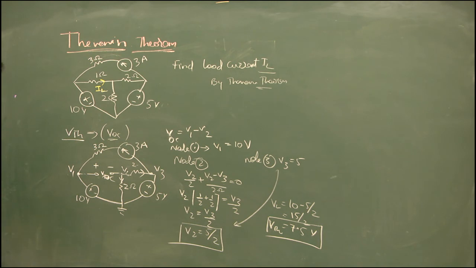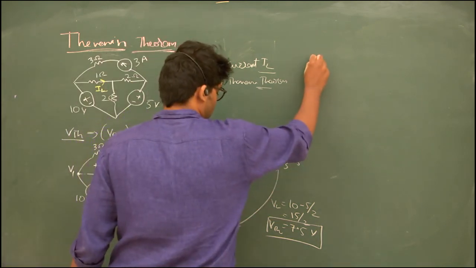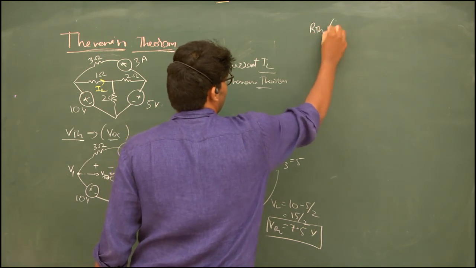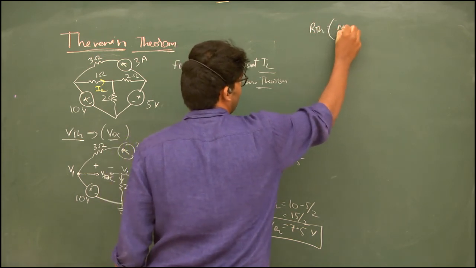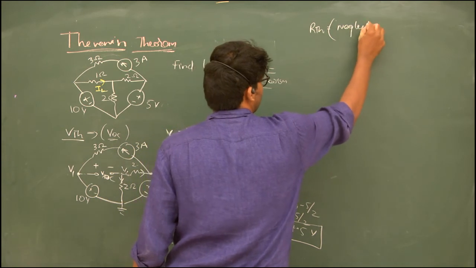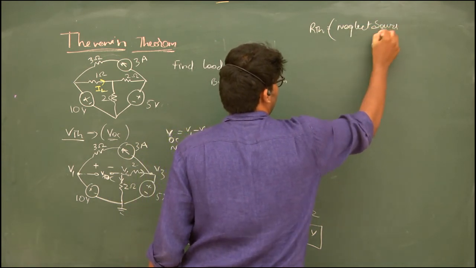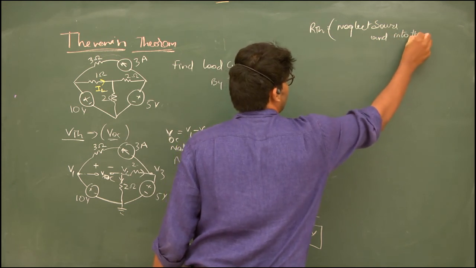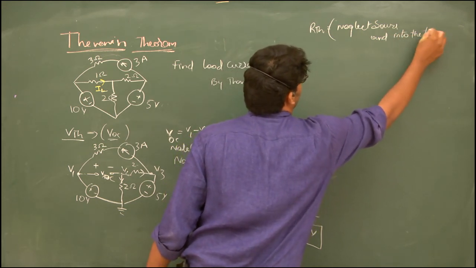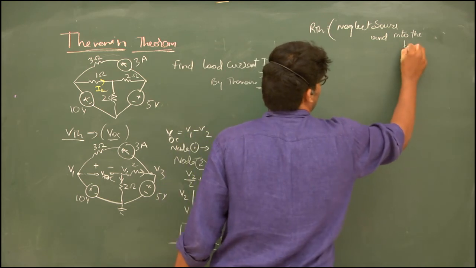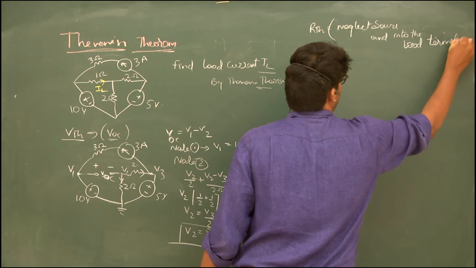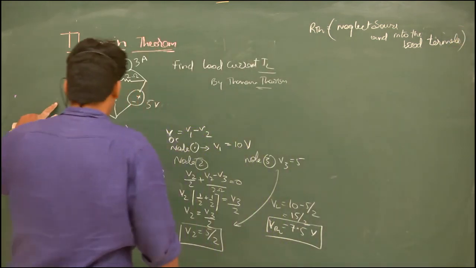Now to find R Thevenin, we will nullify or neglect sources and look into the terminals, that is the load terminals. So this is the load terminal.